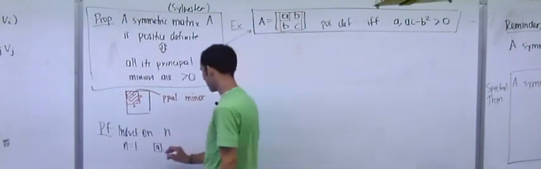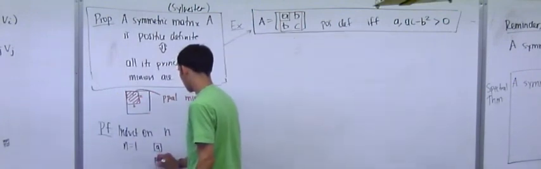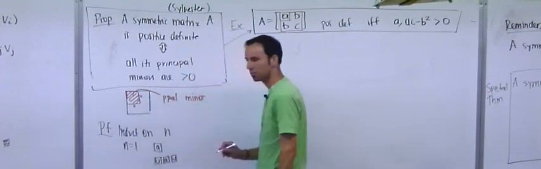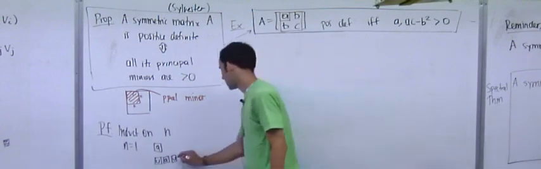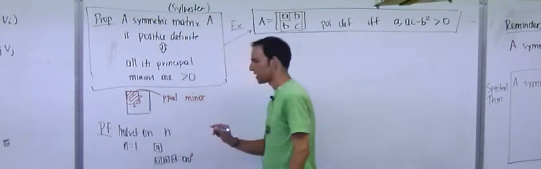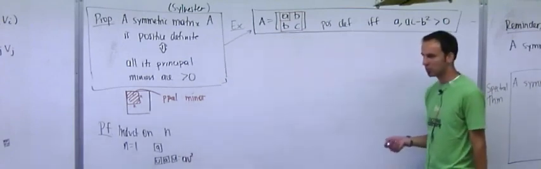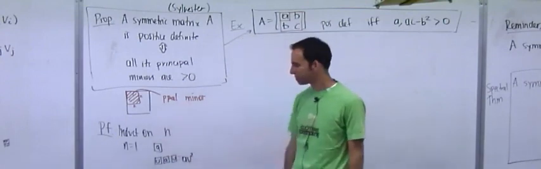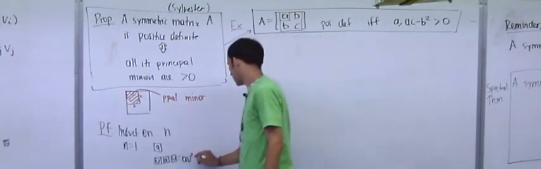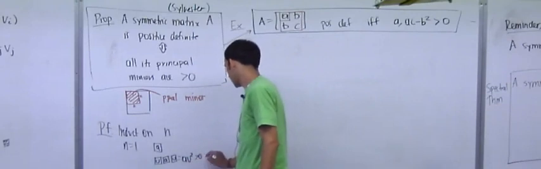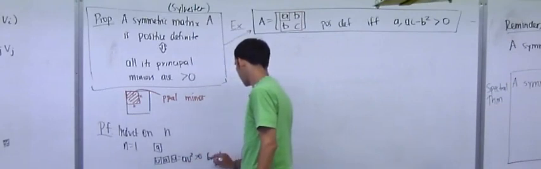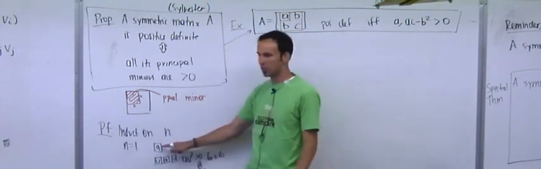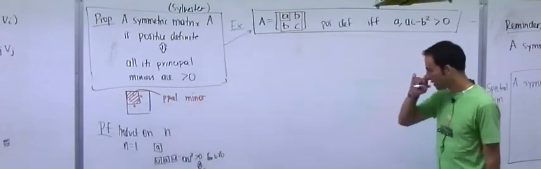The quadratic form looks like X transpose times matrix times X, and this is AU squared, and you would like this to be positive for any value of U that is not 0. And so this is going to be positive if and only if A is positive. Okay. So this is positive for U different from 0 if and only if A is positive, and A is the only principal minor of this thing. So it's true for n equals 1.